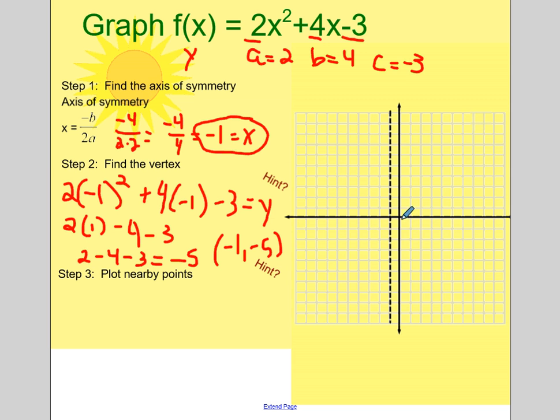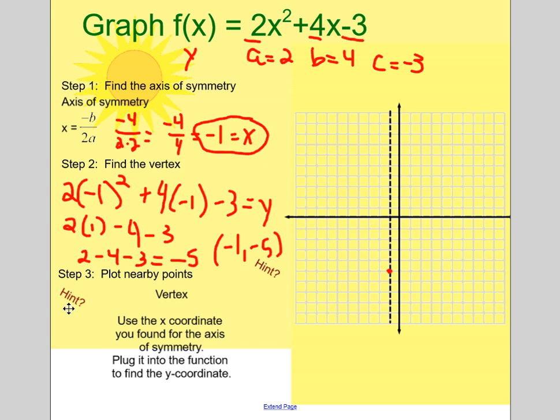So I'm going to go on my coordinate plane. I'm going to go -1, -5, down 1, 2, 3, 4, 5. Make a nice little dot there. That is going to be my vertex. Okay, so just to review what we just did, we used the x coordinate you found for the axis of symmetry, which was -1, and we plugged it into the function.